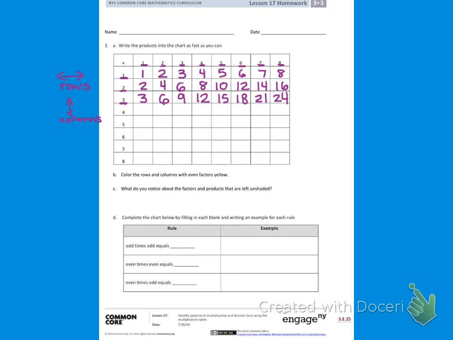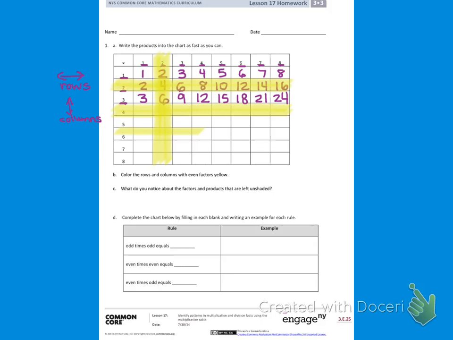I know that the number 2 is even. So I'm going to color that row with yellow as directed. I noticed that there's also the multiples of 2 in a column, so I'm going to color this whole column yellow. Now, 3 is odd, but 4 is even, so I'll color this whole even row yellow.